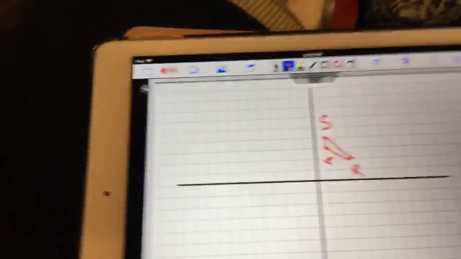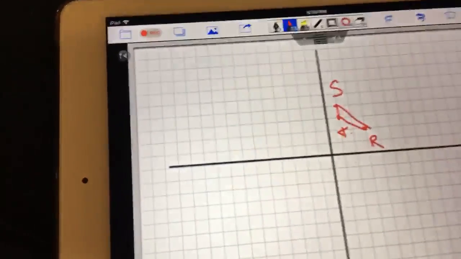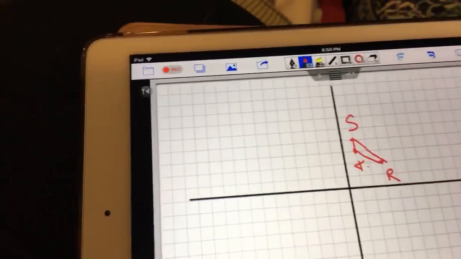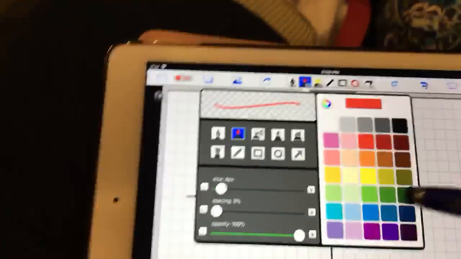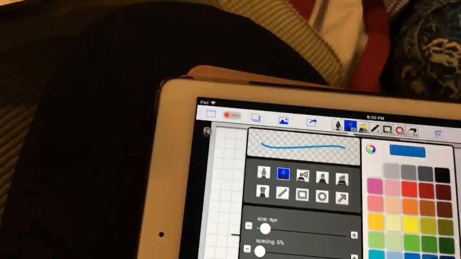R is right here. S is right here. Okay. We want to translate this 4 units to the right and 4 units up, because that's what we're trying to get the reflections to match. Oh, what just happened?